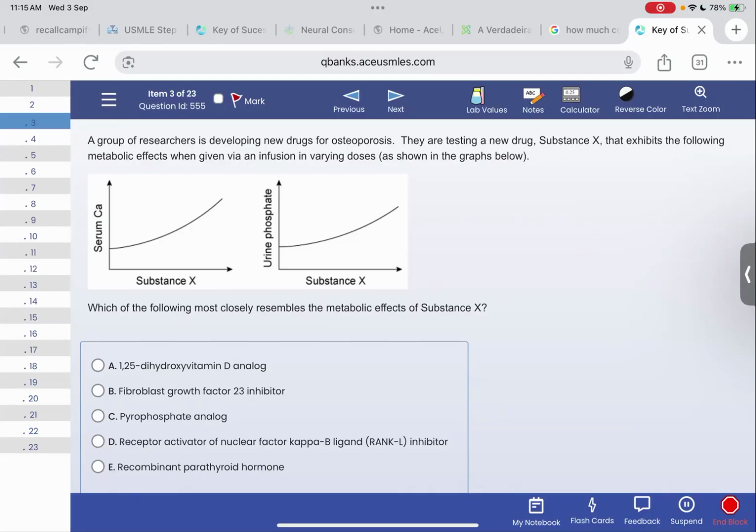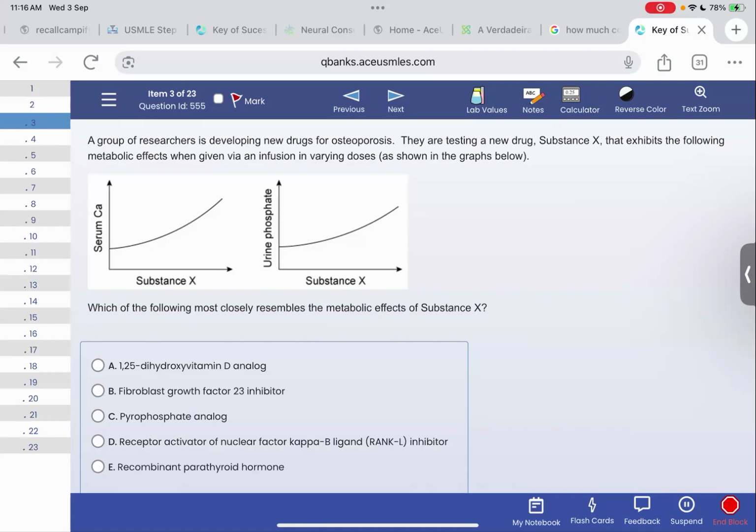A group of researchers is developing new drugs for osteoporosis. They are testing a new drug, and one of them is substance X that exhibits the following metabolic effects when given via an infusion in varying doses, as shown in the graphs below. So, which of the following most closely resembles the metabolic effects of substance X?